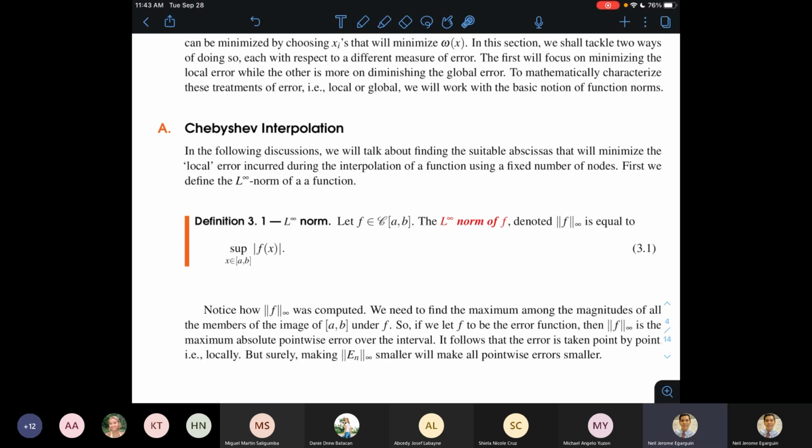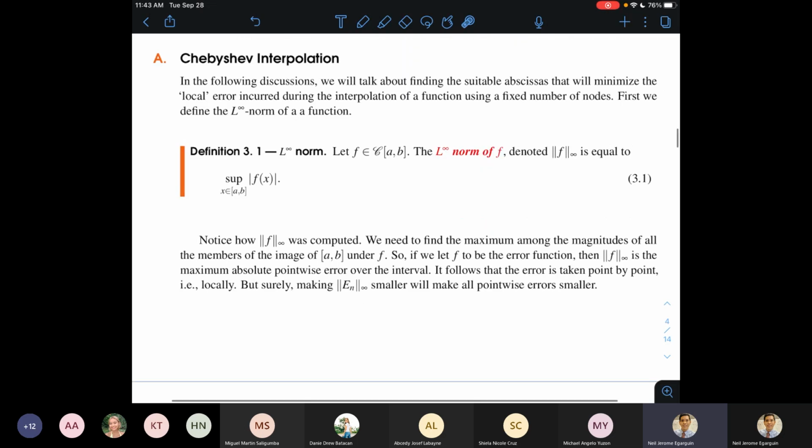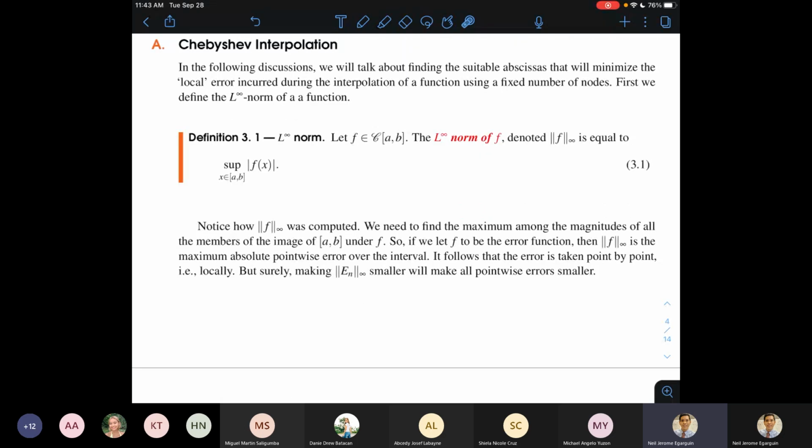But the Chebyshev polynomials, or the Chebyshev points that can be used in interpolation, treat the error in a more local fashion. So kaya pwede nating i-minimize yung error in a local sense, or in the L infinity sense. So that's why we are greeted by definition 1 here, which defines the L infinity norm of a function.